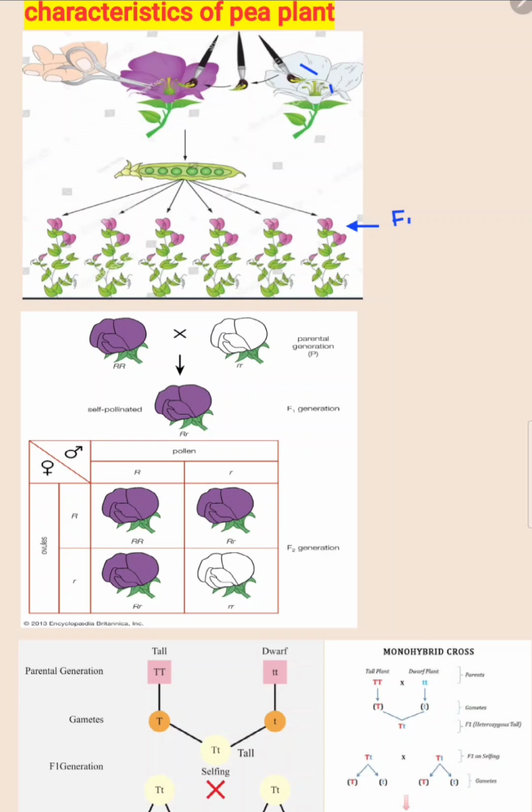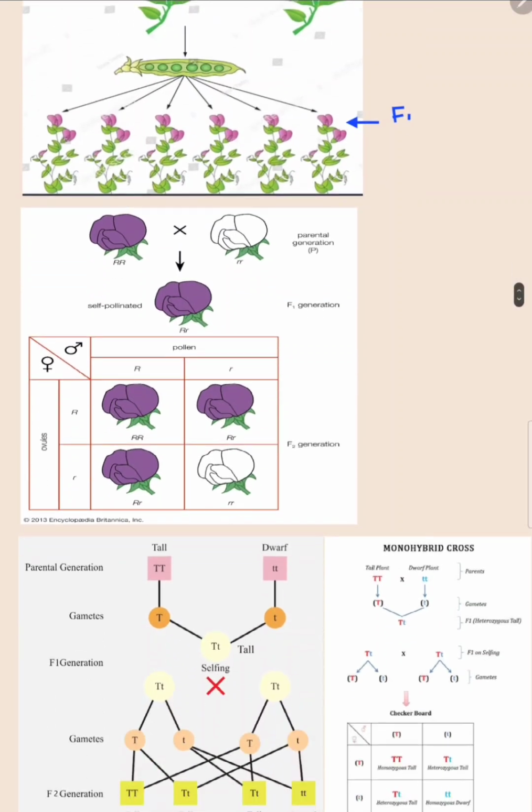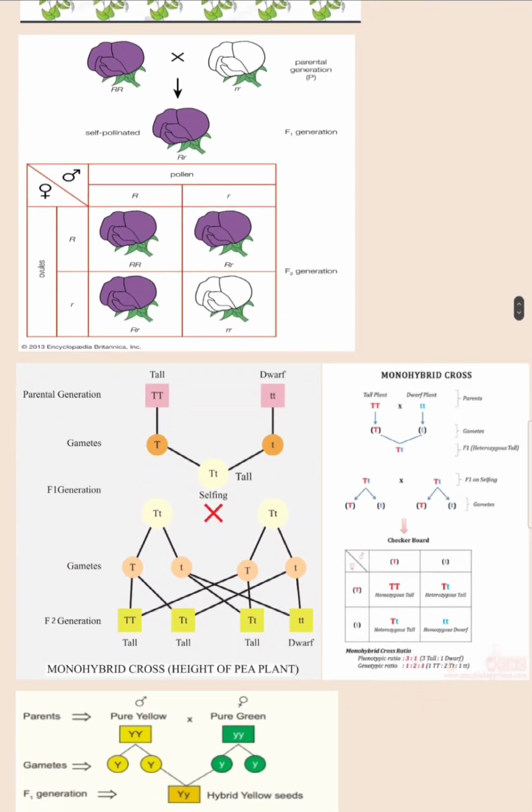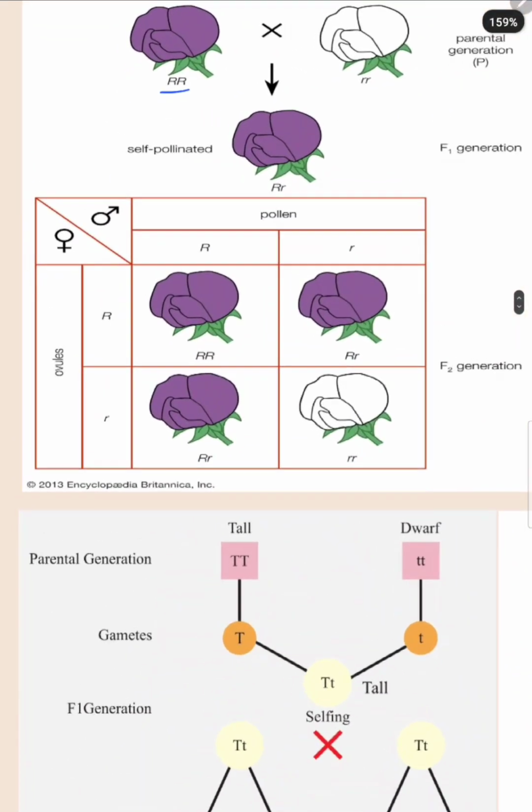Right? Let's draw the genetic graph for this one. I'll take purple color as the dominant character and represent it by capital R. As you know, for every character there are two genes.